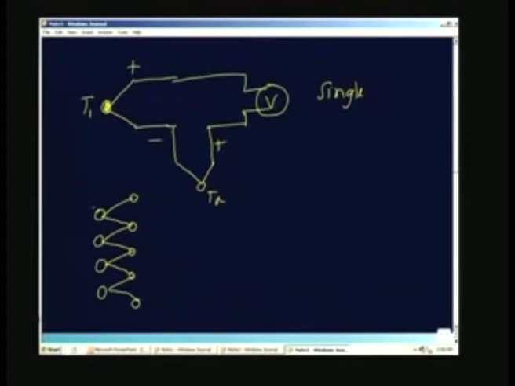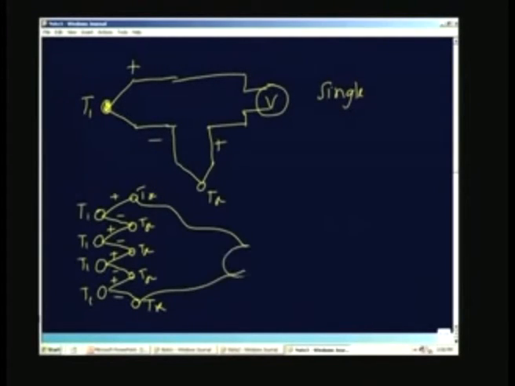So, these are all at T1, and let us assume that these are at TR. So, I am going to have a plus wire here, minus wire here, a plus wire here, minus wire here, and so on. And of course, I am going to take the connection from here and I will connect it to a voltmeter.